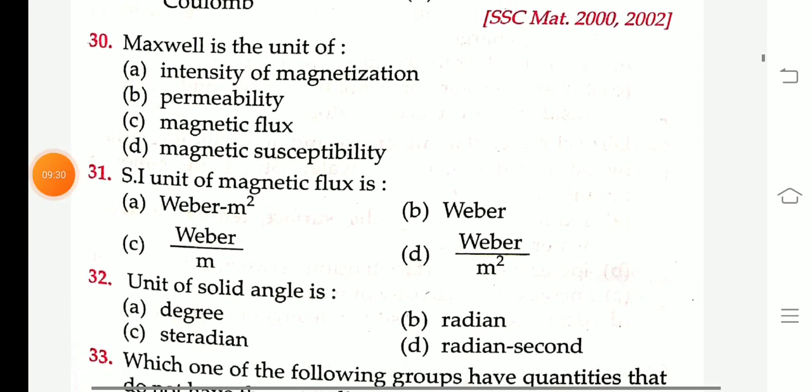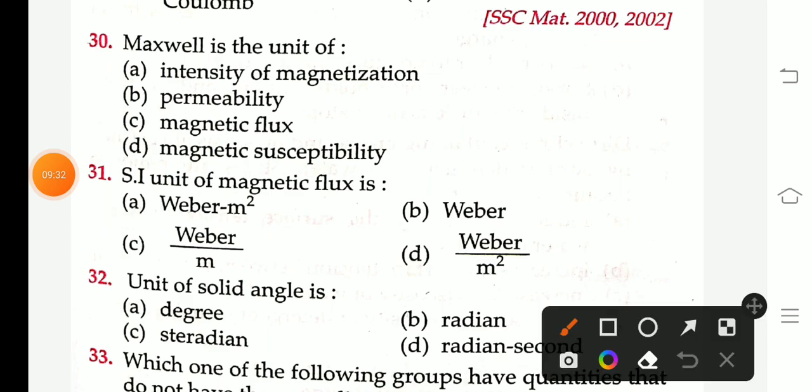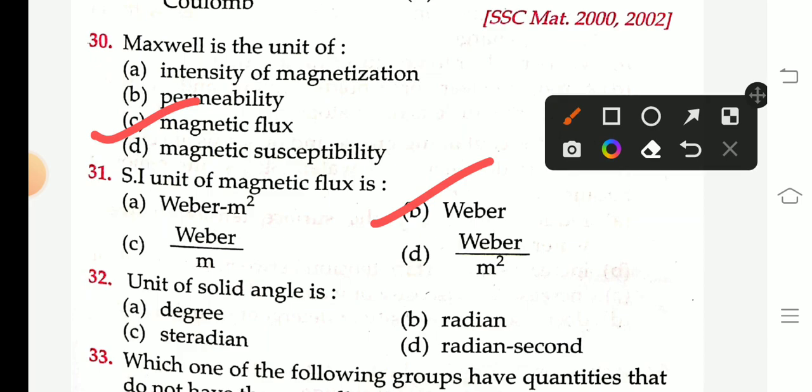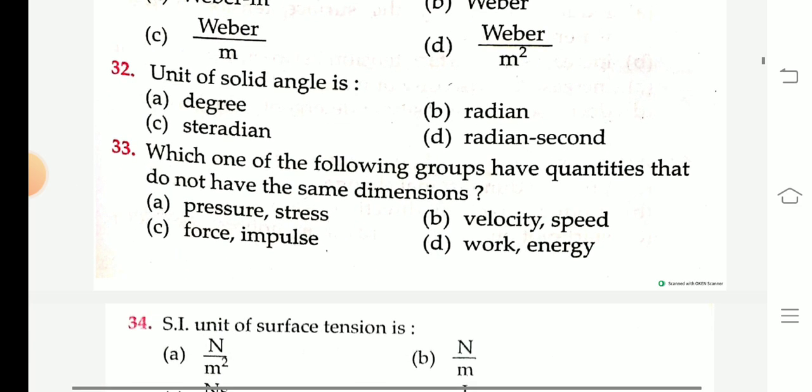Maxwell is the unit of magnetic flux. SI unit of magnetic flux is Weber. Unit of solid angle is steradian.